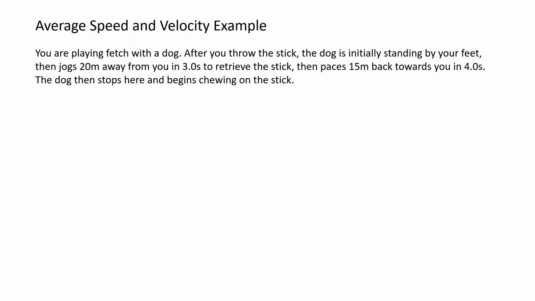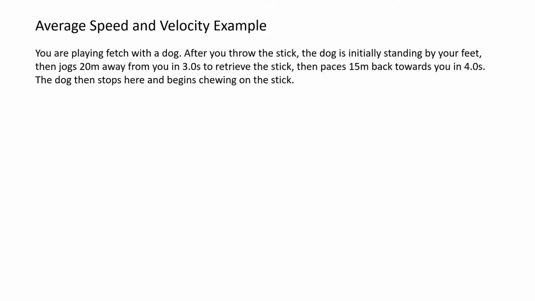So the example is you're playing fetch with a dog, and you want to find the average speed and the average velocity of the dog. You just toss the stick, the dog goes running, and it goes out 20 meters.